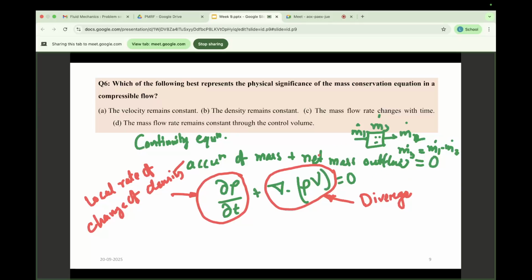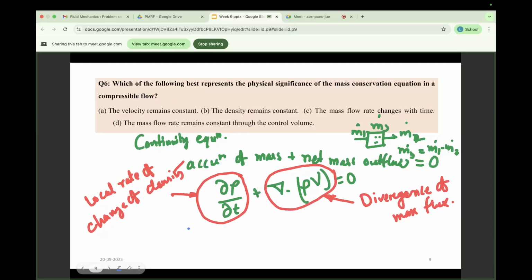So the net mass outflow should be minus 1, not 1. That means this one amount that is remaining should be removed in order to maintain this condition. This is divergence of mass flux.